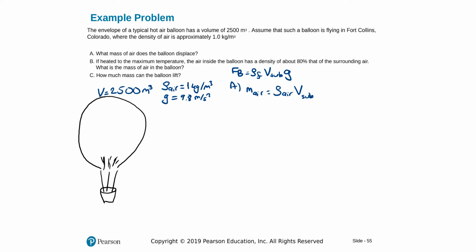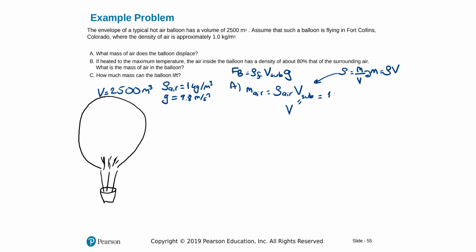All of the balloon is submerged in the air, so this displaced volume is equal to the volume of the balloon, and that's it. And remember, density is equal to mass divided by the volume. If we are looking for mass, we can just multiply these two. Mass will be equal to density times the volume. This is for anything, and we apply it to this displaced air and find how much air is displaced.